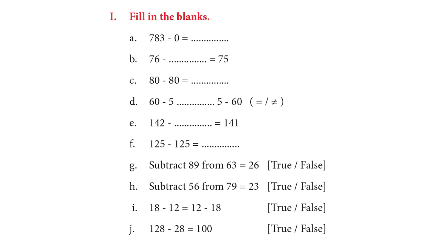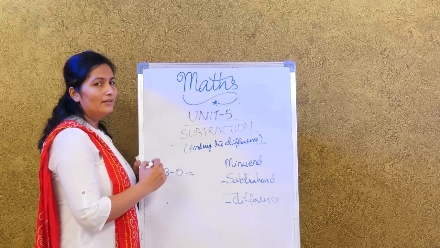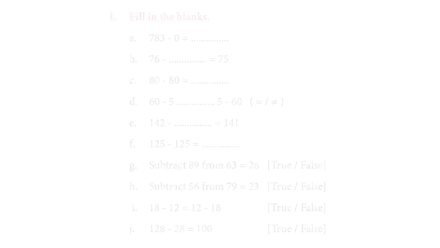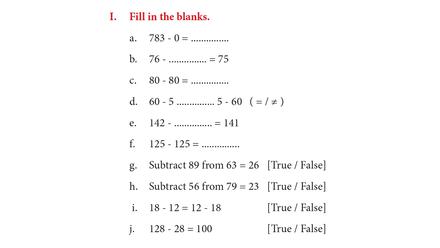Now, let's take a look at page number 93. Fill in the blanks. 783 minus 0. We just learned the property. Anything minus 0 is the same number, okay. Then the next one is 76 minus dash is equal to 75.